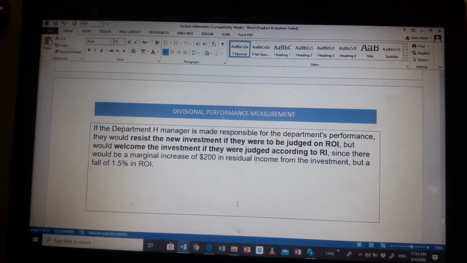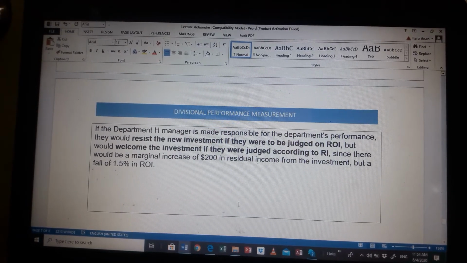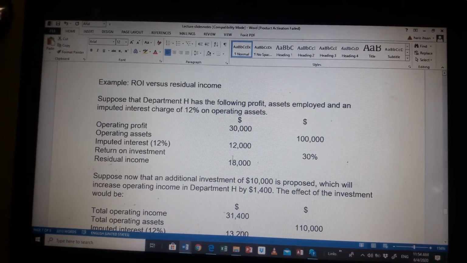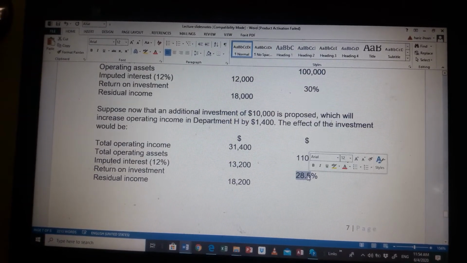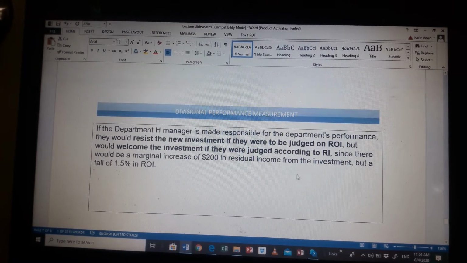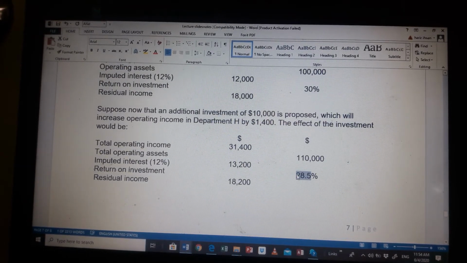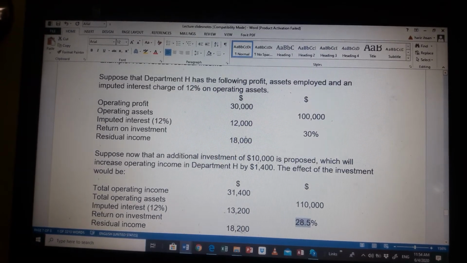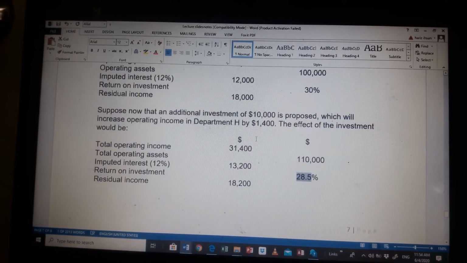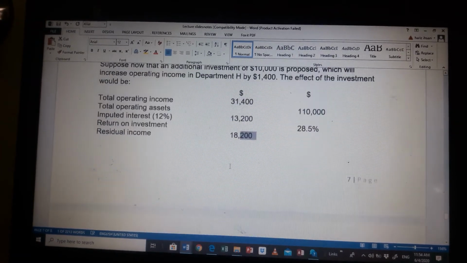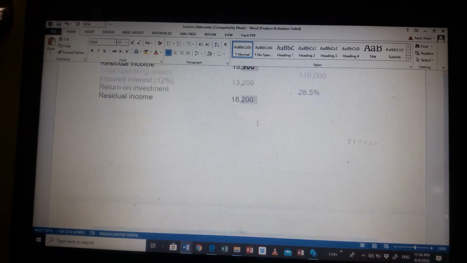So if Department H is judged on the department's performance, they will not take the new investment simply because it will decrease the ROI to 28.5%. However, if you were to judge on residual income, which is overall better for the company, they will take the investment simply because it has an increase of 200 in residual income and a 1,400 increase in operating income.